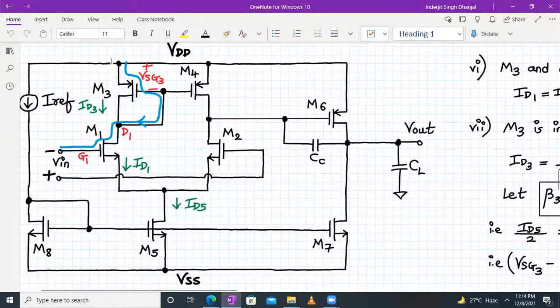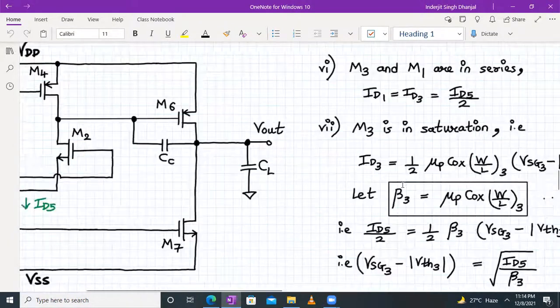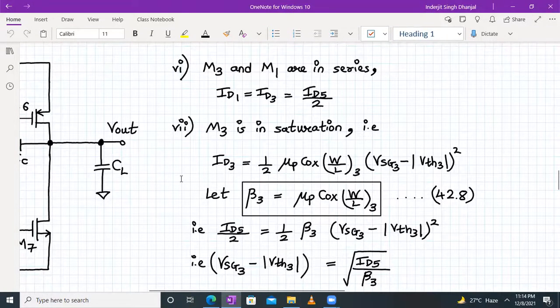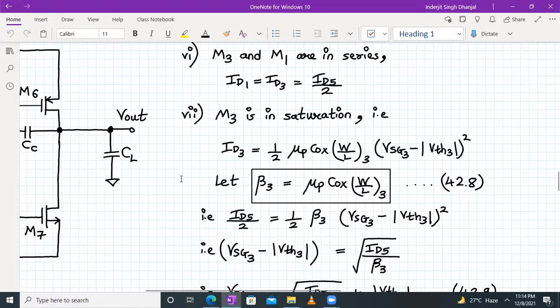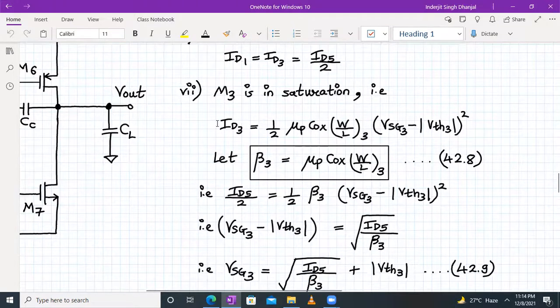Now, for transistor M3 to be in saturation, what do we do? ID3 can be written as half mu p Cox W by L of 3 into VSG3 minus mod of VTH3, the whole square. We substitute beta 3 as just a notation: let beta 3 equal mu p Cox W by L of 3. Your ID3 value is ID5 divided by 2, so ID5 divided by 2 is equal to half beta 3 into VSG3 minus mod of VTH3, the whole square.